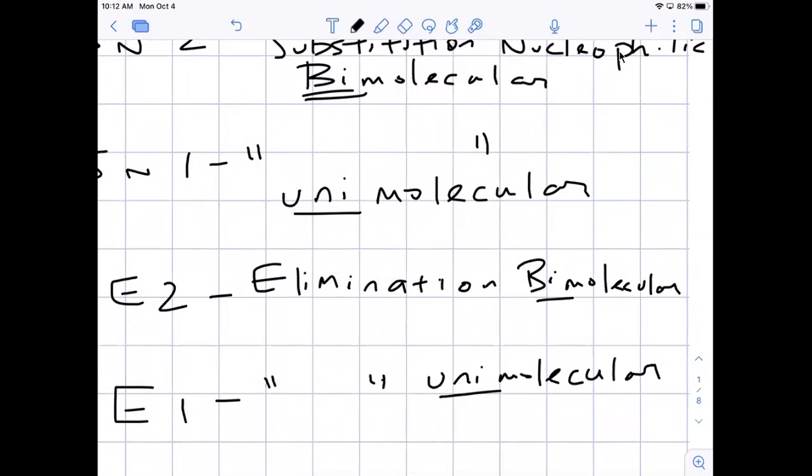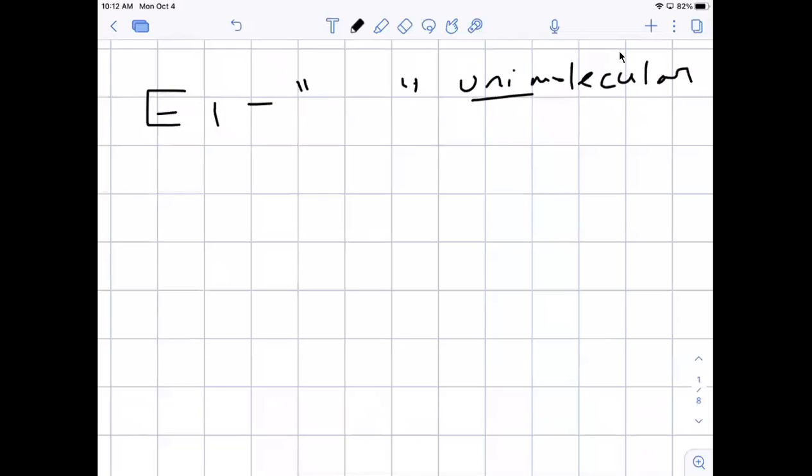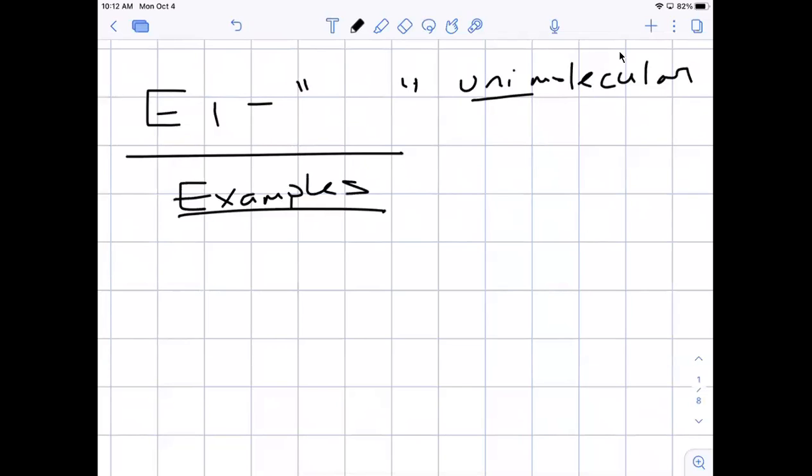Molecular, right? So we've already seen examples of substitution reactions. If you have, let's say, a substrate, we haven't seen a lot of elimination reactions, but we have seen some. But now we're going to focus on two of the different types of eliminations.